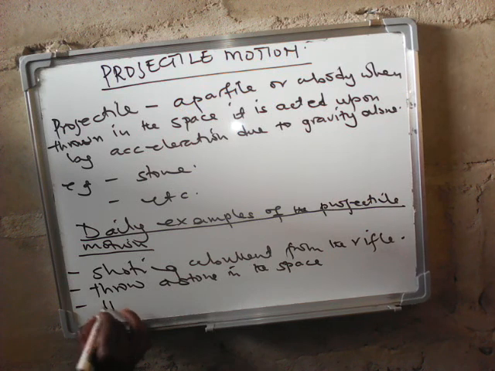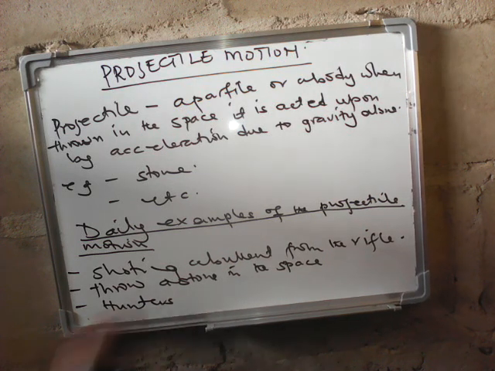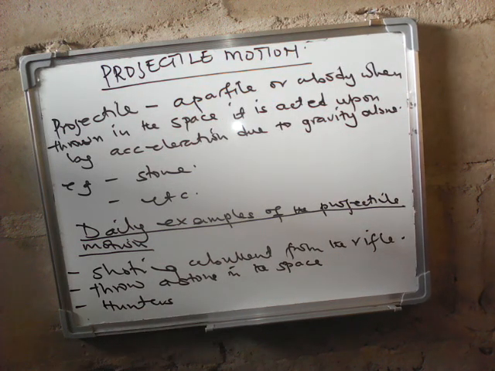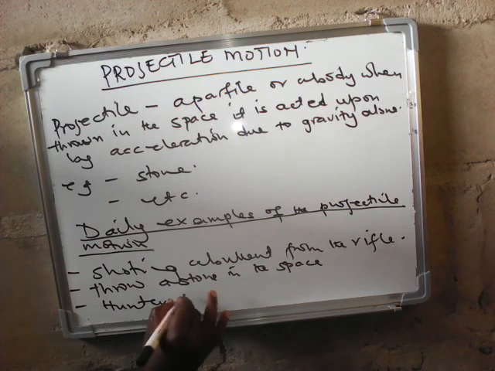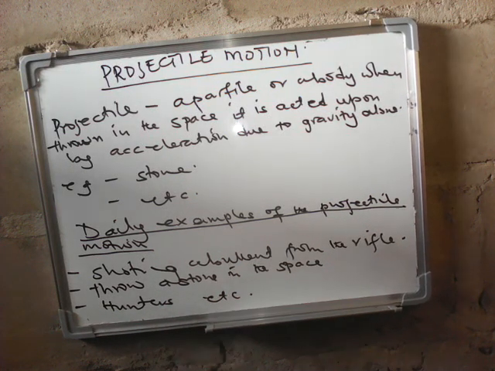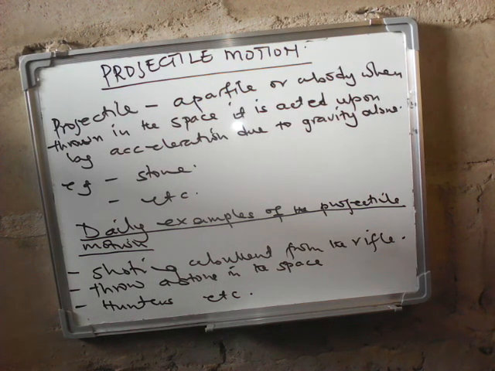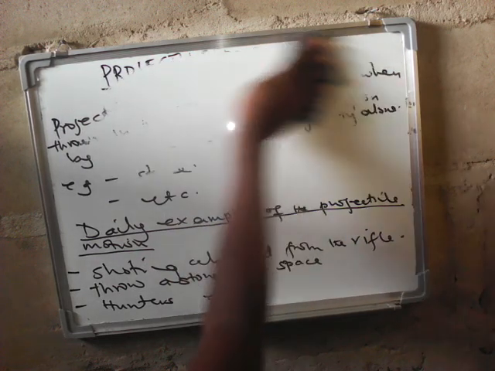Also some hunters shooting using an arrow, also here they use projectile motion. That is our daily examples of the projectile motion.